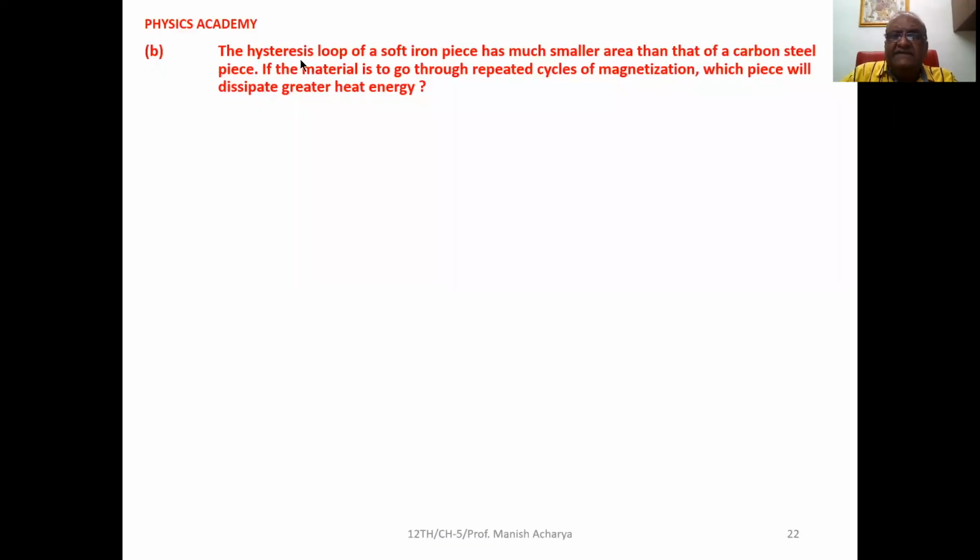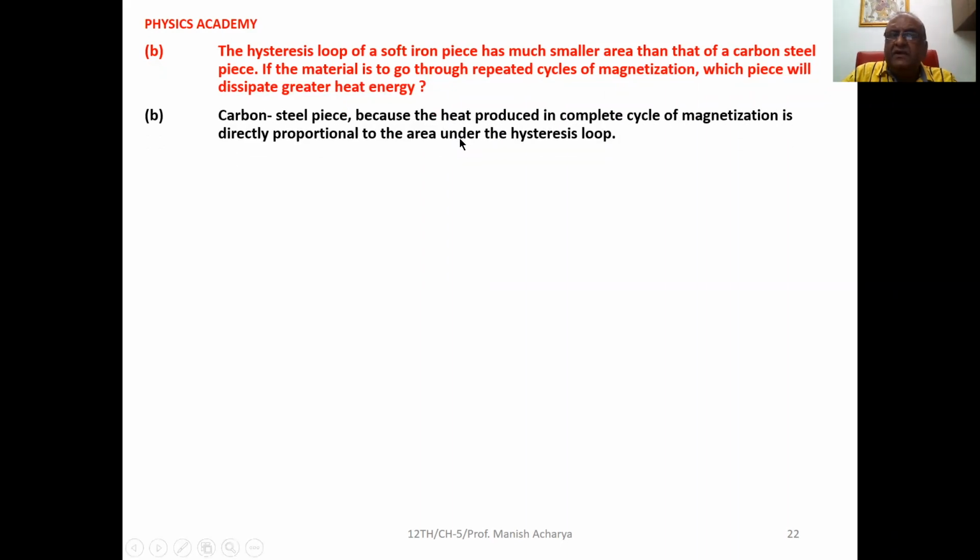B. The hysteresis loop of a soft iron piece has much smaller area than that of a carbon steel piece. If the material is to go through repeated cycles of magnetization, which piece will dissipate greater heat energy?